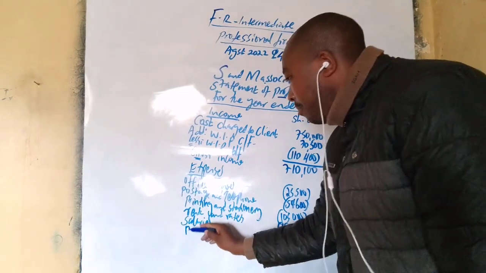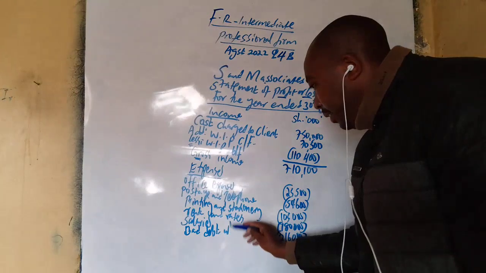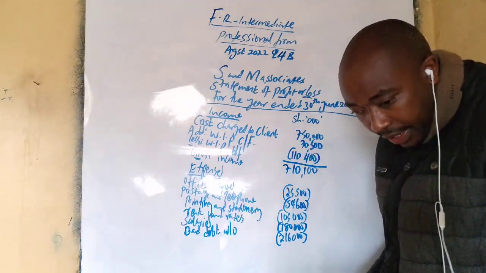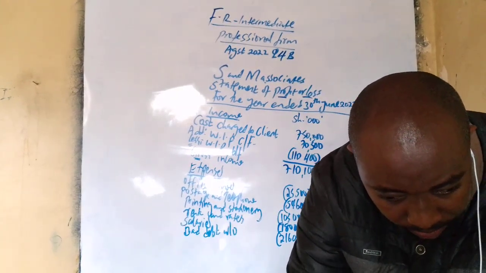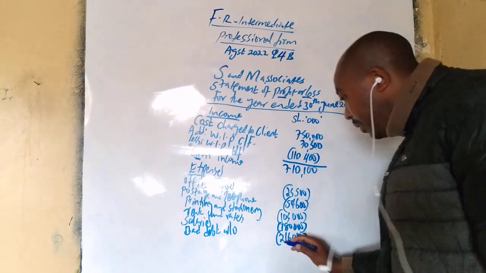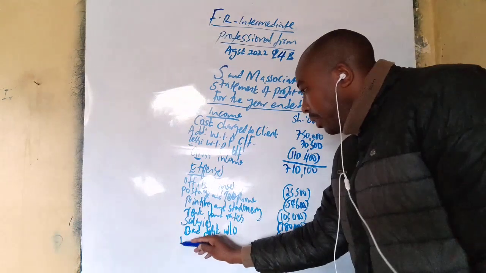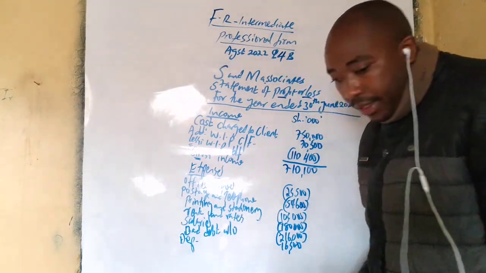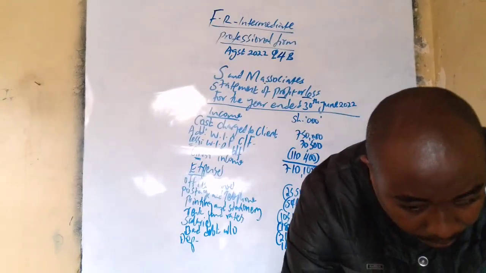Bad debt written off is an expense, and it is amounting to 16,500. Then finally we record the depreciation here, and this is according to note number 2.